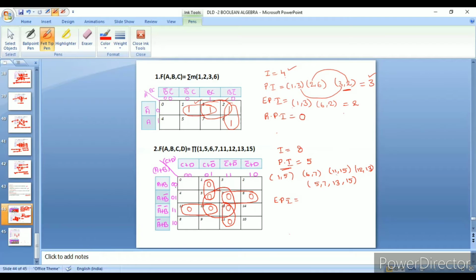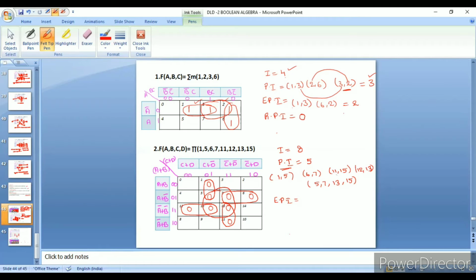So 1 and 5 is one prime implicant, 6 and 7, 11 and 15, and 12 and 13, all these are prime implicants. A particular minterm or max term is covered only one time, and cannot be combined in any other way. That type of prime implicant is called an essential prime implicant.